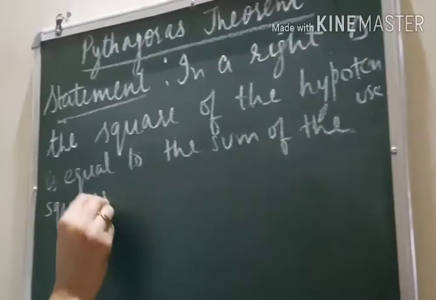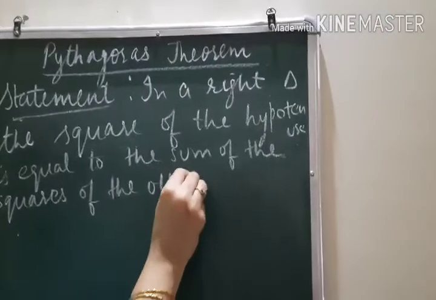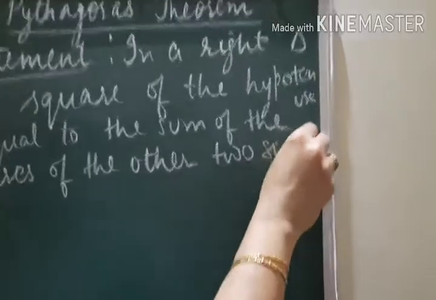The sum of the squares of the other two sides. This is the statement which you have done till now. Today we are proving it.